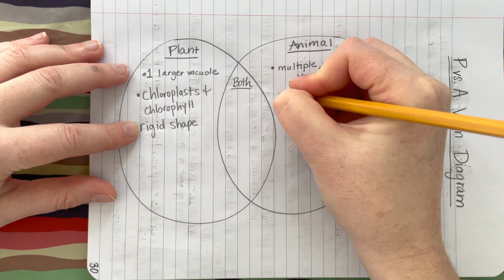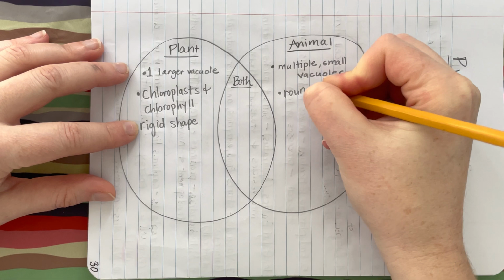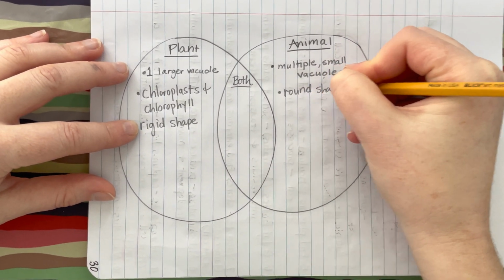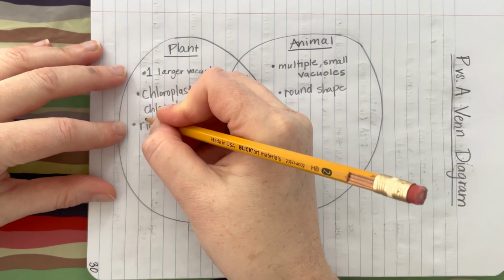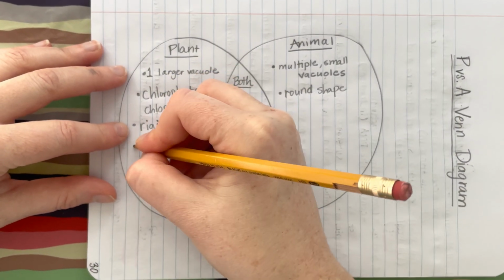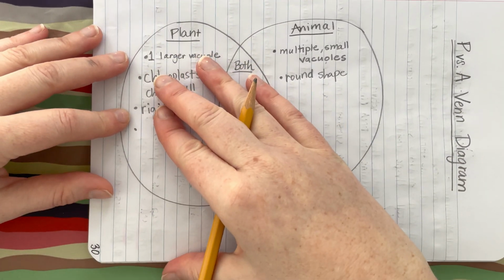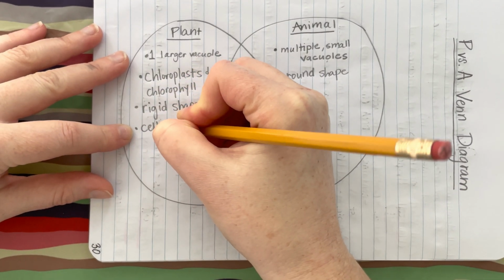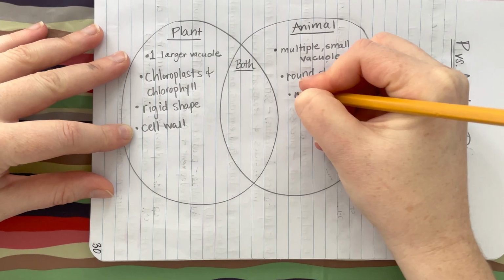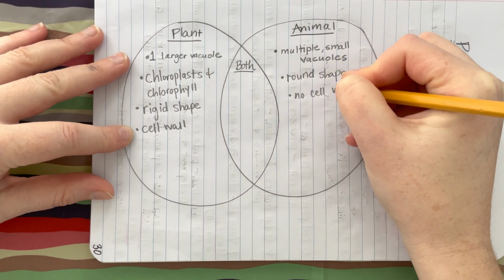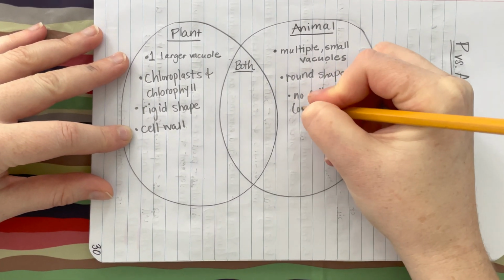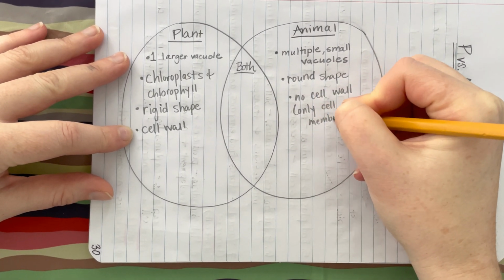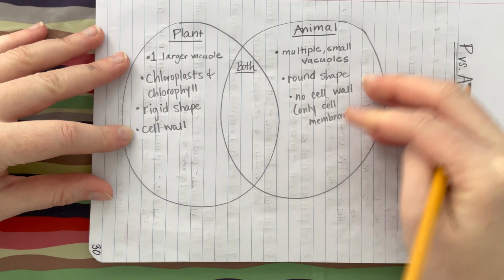This is much more round, roundish shape. This one has a cell wall. No cell wall. Only has a cell membrane.